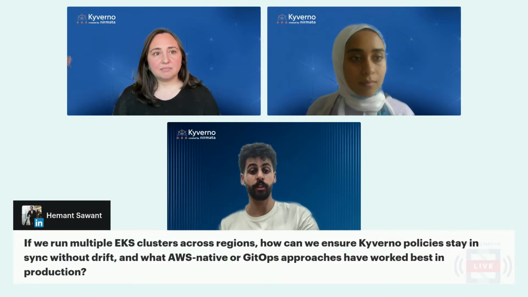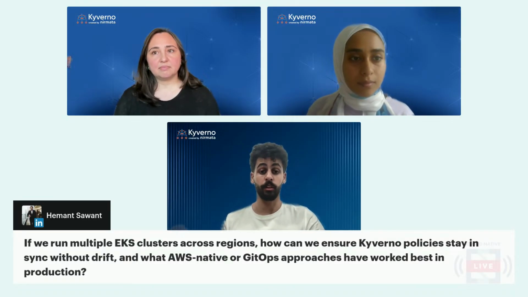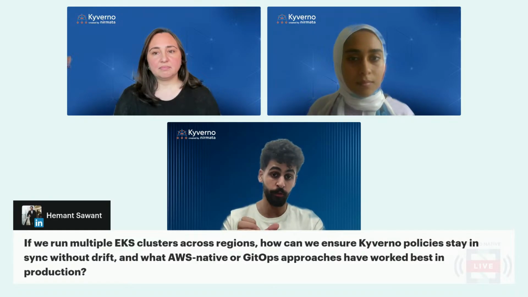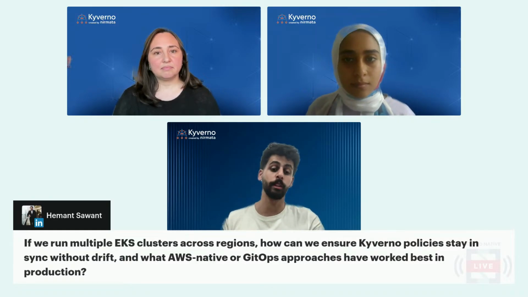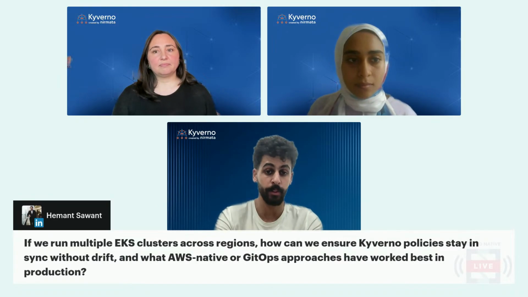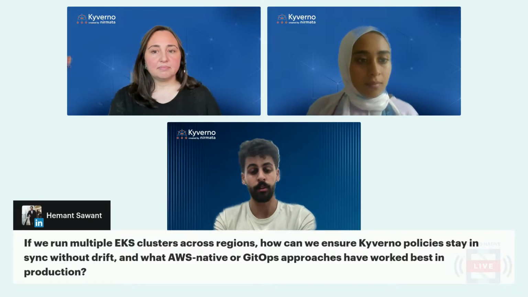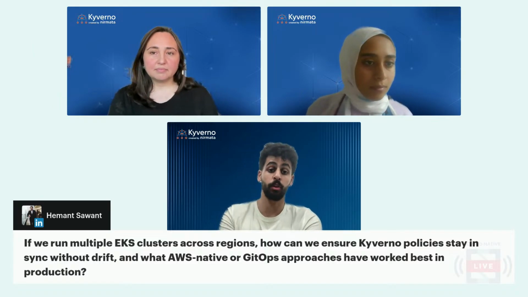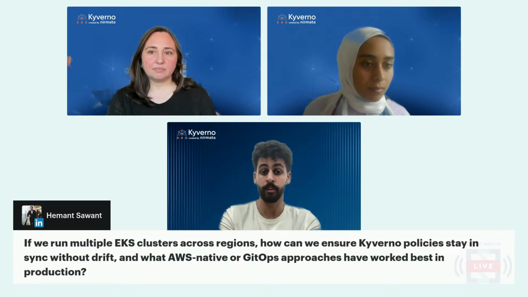And then you can have multiple instances of Argo CD, one in each cluster, looking at this chart and deploying it across your many environments. But that's just one way. There are so many ways and so many products to cover this use case.